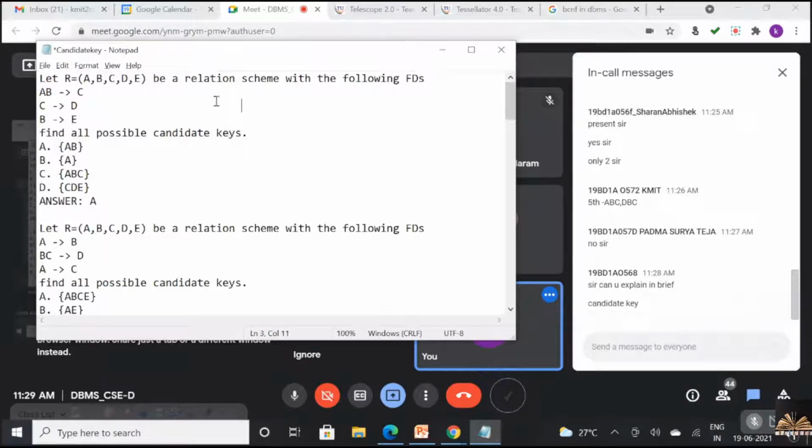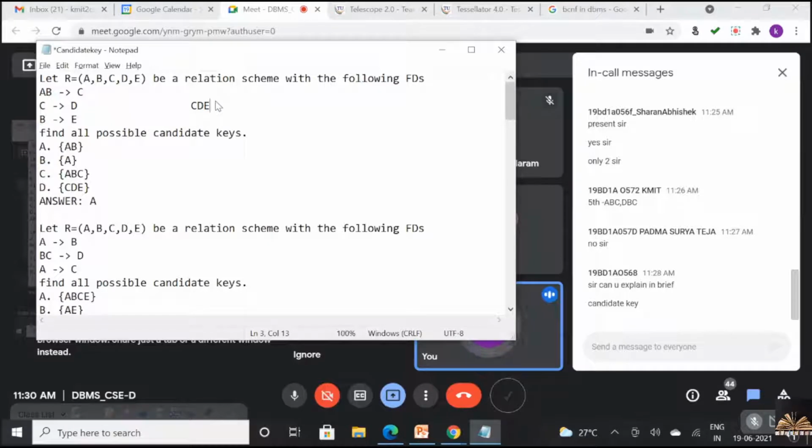Now I have to figure out the attributes which are not present on the RHS of the functional dependencies. I have C in the first FD, D in the second FD, E in the third FD as the RHS attributes.